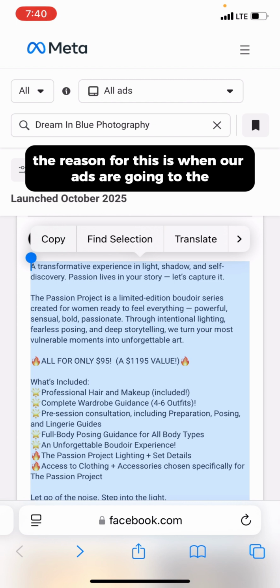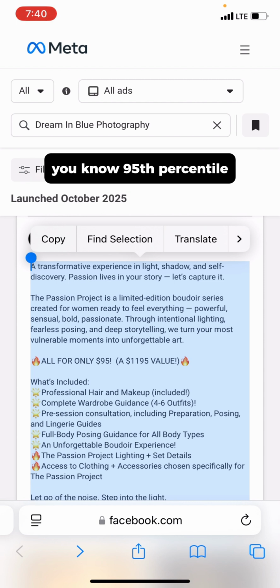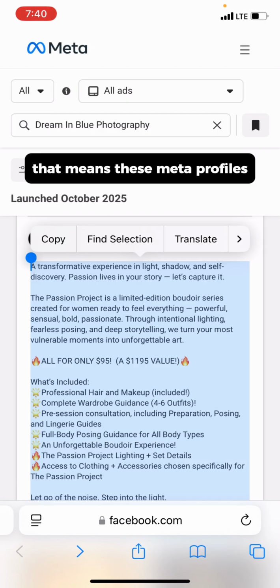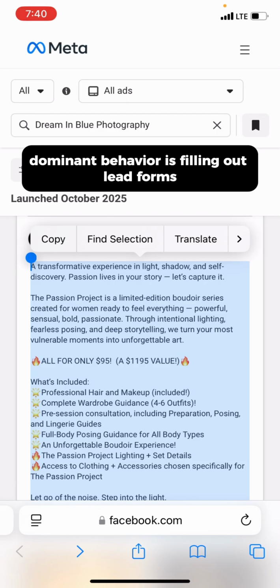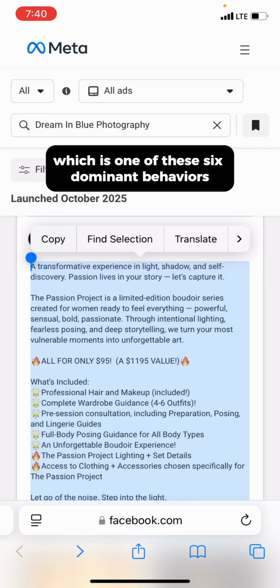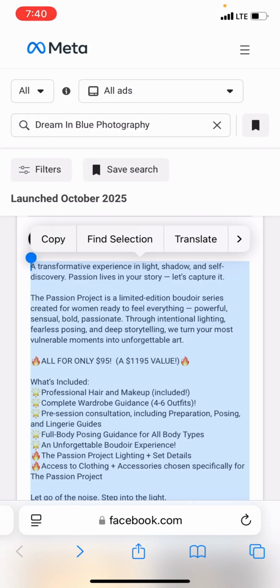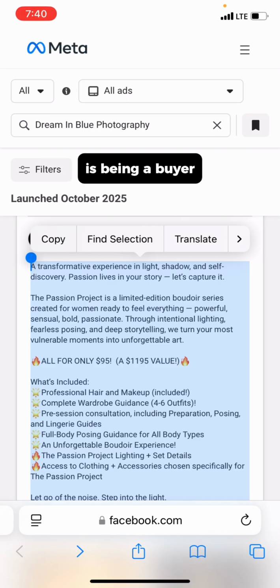The reason for this is when our ads are going to the 95th percentile, highest chance of filling out the lead form, that means these Meta profiles' dominant behavior is filling out lead forms, which is one of these 6 dominant behaviors. Which means if their dominant behavior is filling out lead forms, one of their non-dominant behaviors is being a buyer.